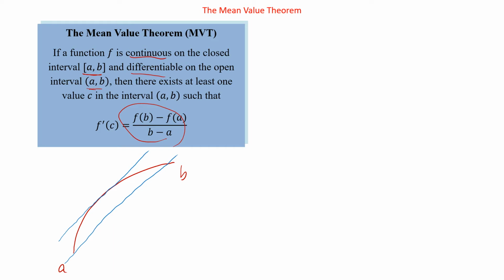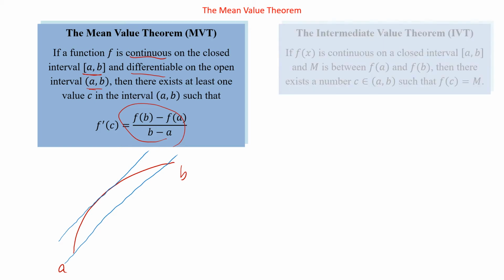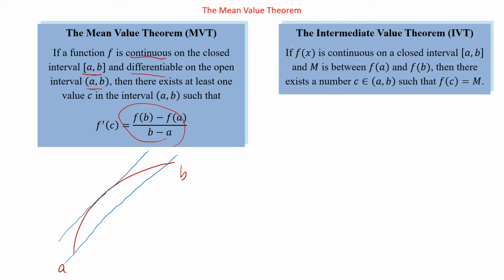So that's what the mean value theorem says. One of the biggest mistakes, confusions, is getting it confused with the intermediate value theorem that we saw before. The intermediate value theorem, notice it looks very similar. f of x is continuous on a closed interval, and then m is between there. Then there exists a number c in the middle such that f of c equals m. So here we have continuous on a closed interval, and we have a c in the middle such that f prime of c equals something. The intermediate value theorem is looking at y values.